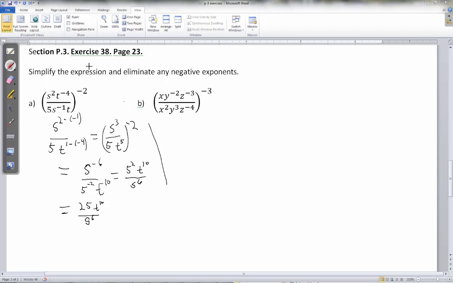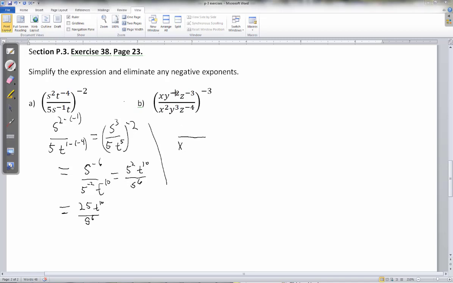On part B, very similar. So let's simplify what we can before we distribute that negative 3 through. Can reduce away one of the x's. So I shouldn't have any x's left on top.